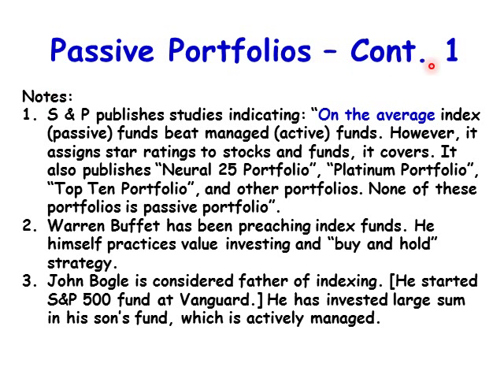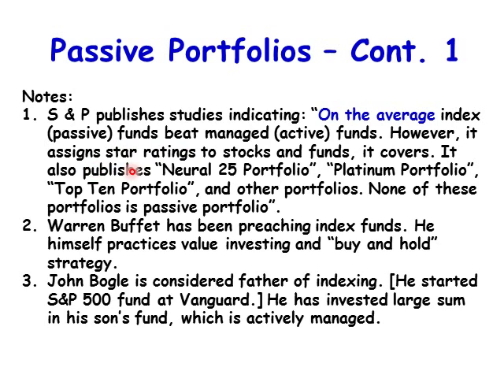Okay, let's give some examples. Let's note what we have read online and other sources. S&P, Standard and Poor's, publishes studies indicating that, on average, index funds, which are passive funds, beat managed, which are active funds. However, it assigns star ratings to stocks and funds, so it does tell that some funds are better than the others.